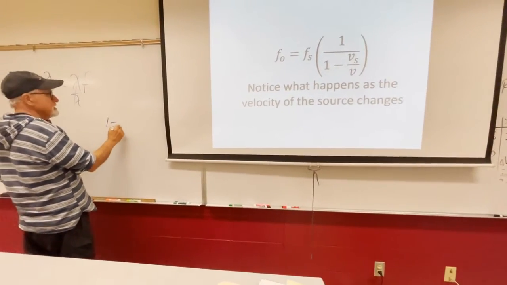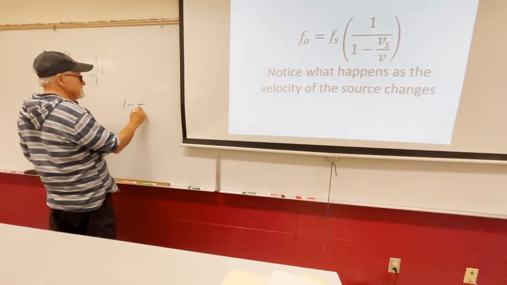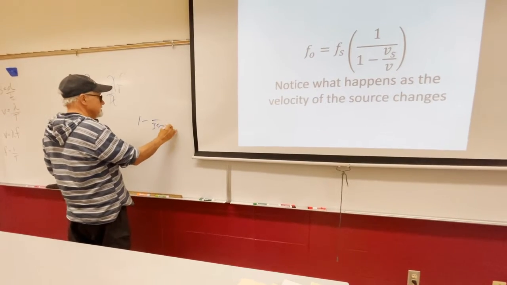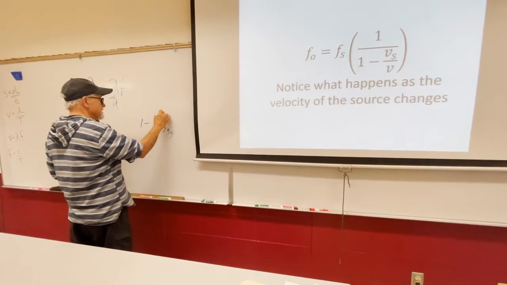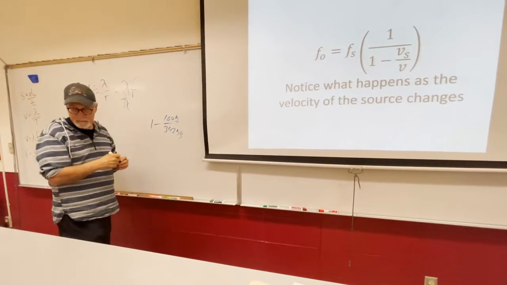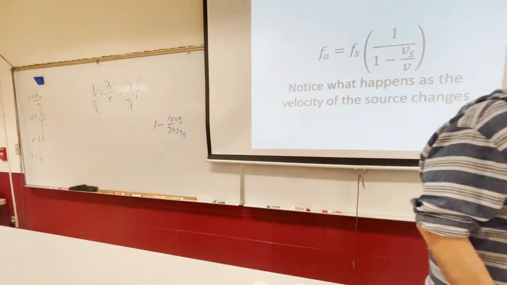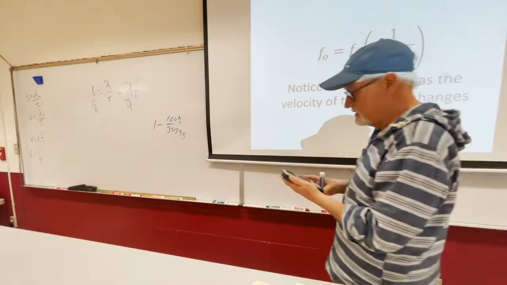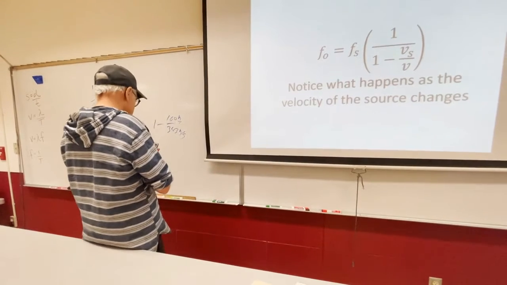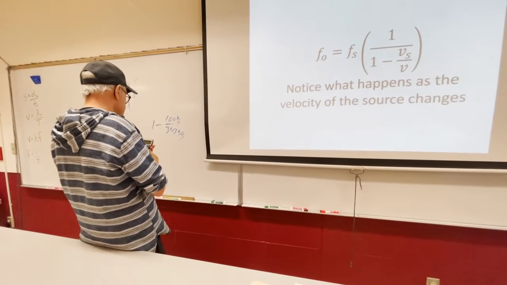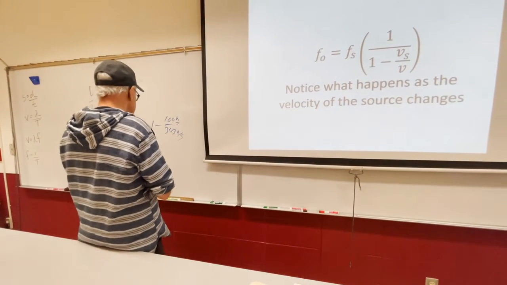So let's say the speed of sound is 343 meters per second, and the source is going 100 meters per second. Then it's 100 divided by 343, which is 0.29.